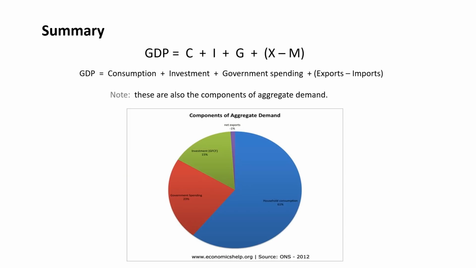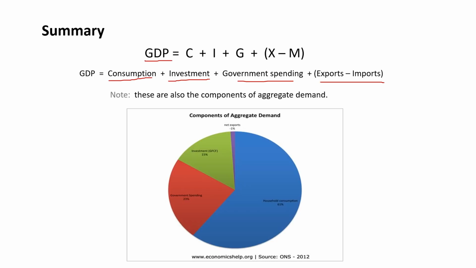Okay, now the following equation is used to calculate the GDP, which is C plus I plus G plus X minus M, where C equals spending by consumers, I equals investment by business, G equals government spending, X equals exports, and M equals imports.